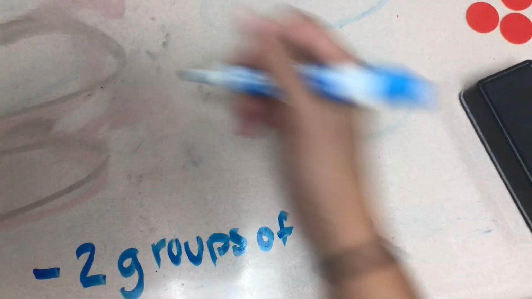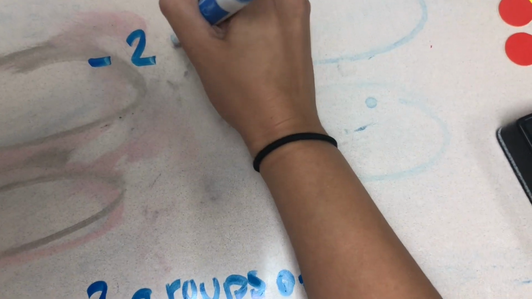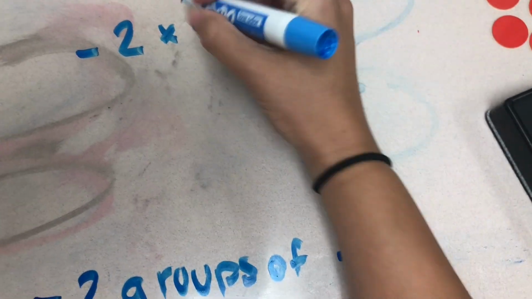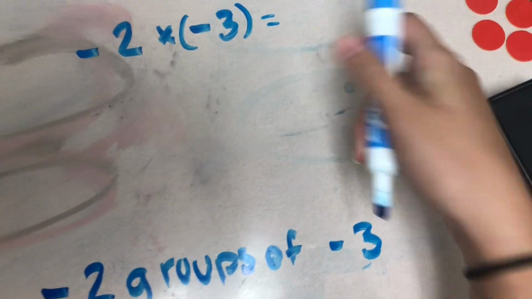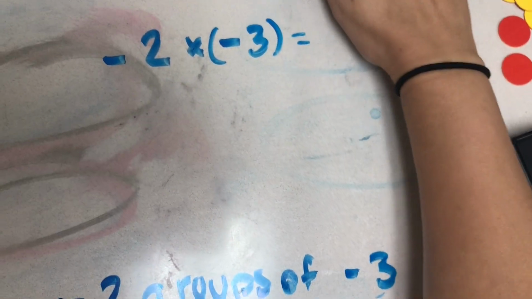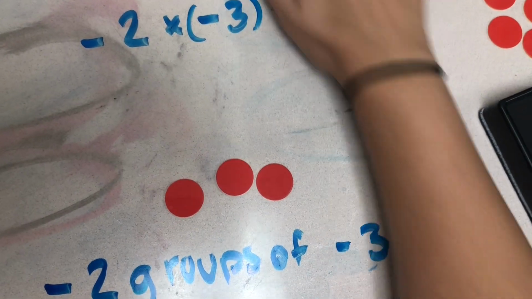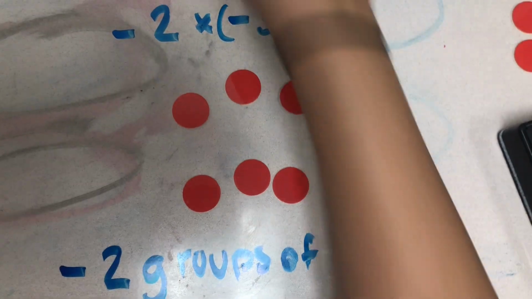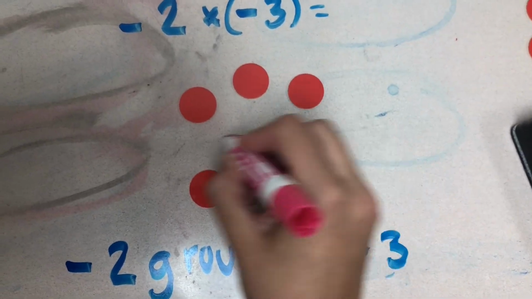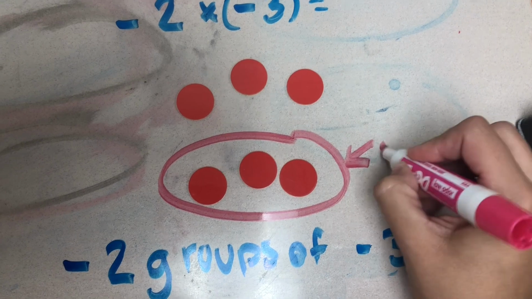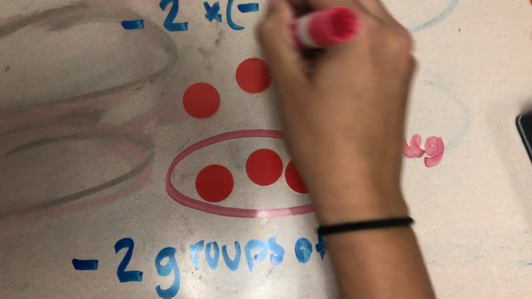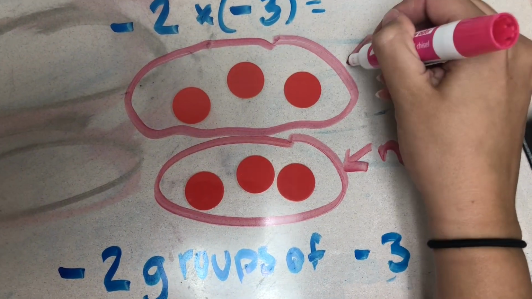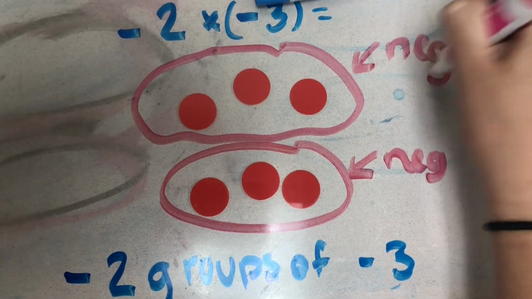So the last thing we got to talk about is, well, what if I have -2 groups of -3? So that's like -2 times -3. Okay, so we have these groups of -3s, right? Now, the thing is, these aren't regular groups, these are negative groups. Ooh, it's a negative group. It's not a regular group, right?